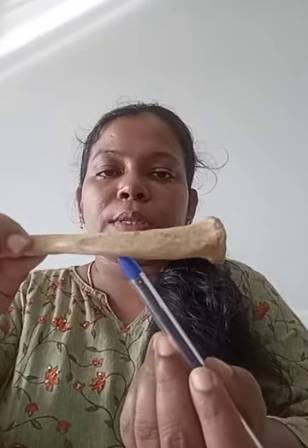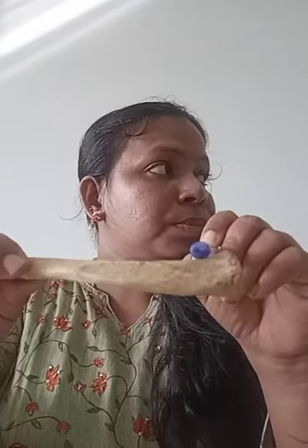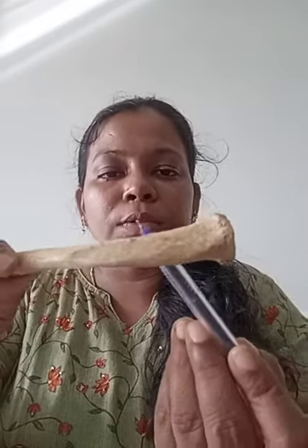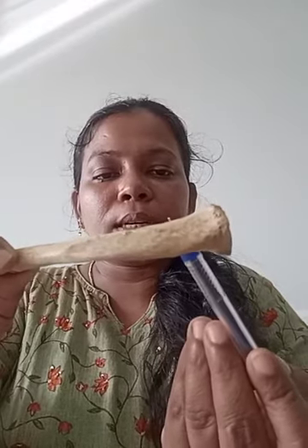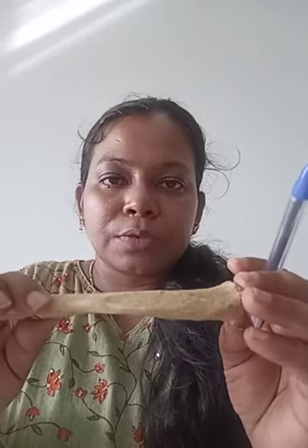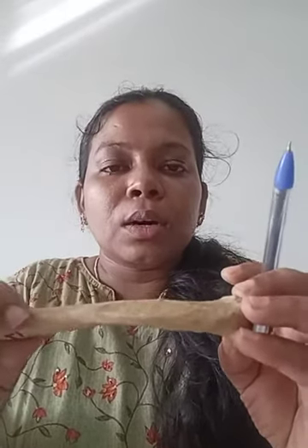So four surfaces: superior, inferior, anterior and posterior. Okay, so these are the four surfaces of the medial two-third of the clavicle shaft. Okay, and all the surfaces give attachment to muscles. Okay, muscular attachments are there in the clavicle.